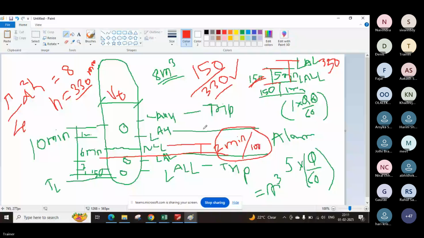Yes, yes, sir. Sir, what should be the orientation when we choose a flash drum working under reduced pressure or vacuum? Yeah, vacuum, generally we consider vertical vessels only.